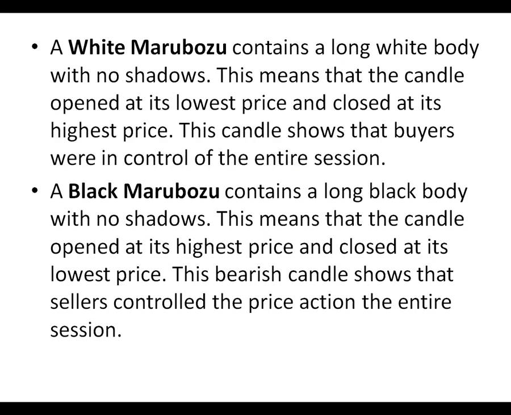Now, the black Marubozu contains a long black body with no shadows. This means that the candle opened at its highest price and closed at its lowest price. This bearish candle shows that sellers controlled the price action the entire session. So that day, it was sellers throughout. I hope you catch that.